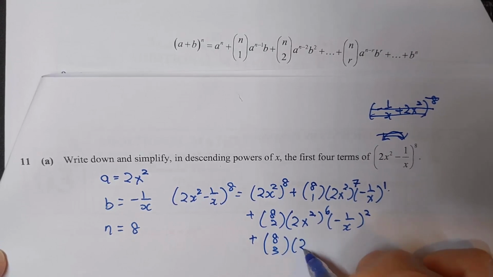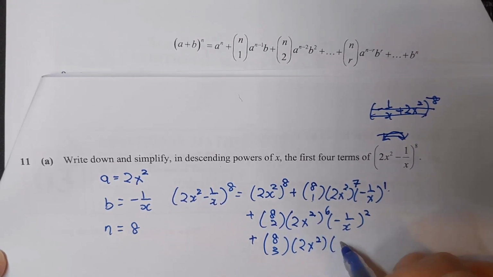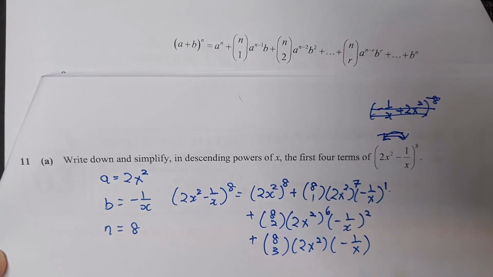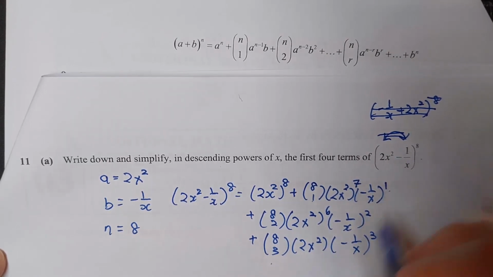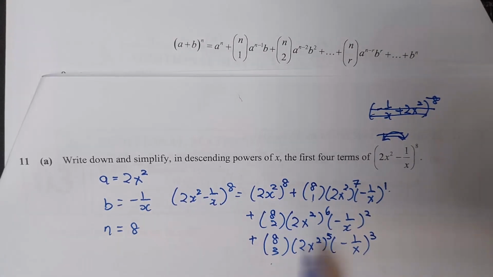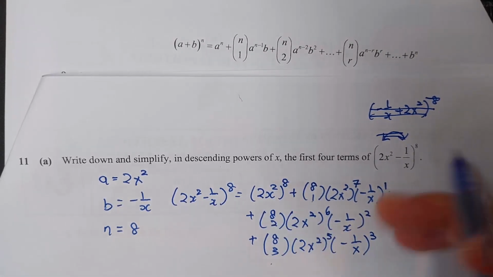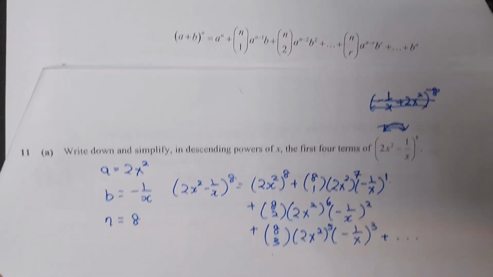Write down the value of A, write down the value of B, R, and R here. These two numbers will always add up to 8, so this must be a 5. So we have 1, 2, 3, 4 terms. And remember to put a plus dot dot dot.